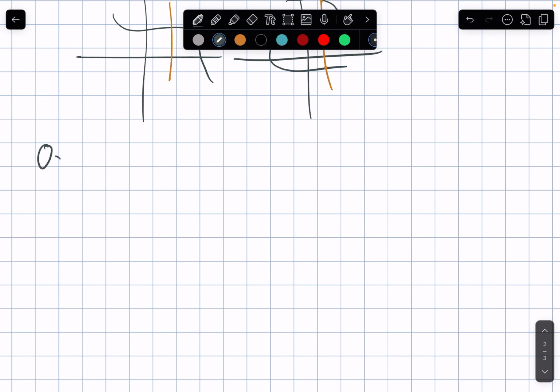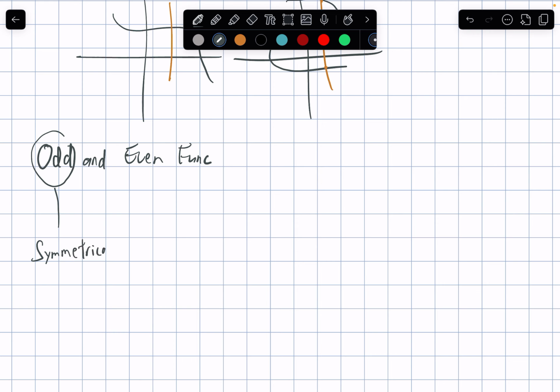So let's move on to odd and even functions. For odd, basically, it is symmetrical with respect to the origin. What is that supposed to mean? Why the origin specifically?